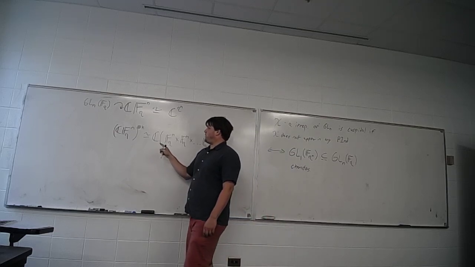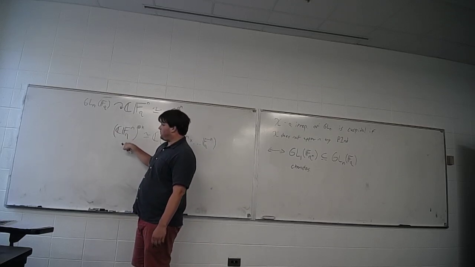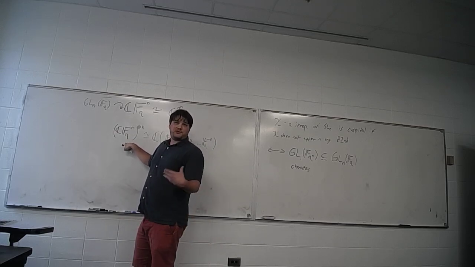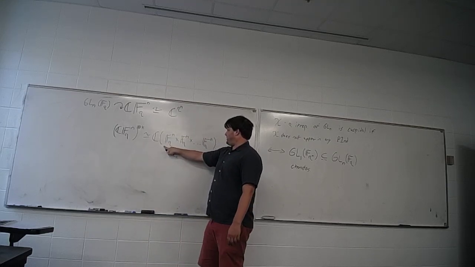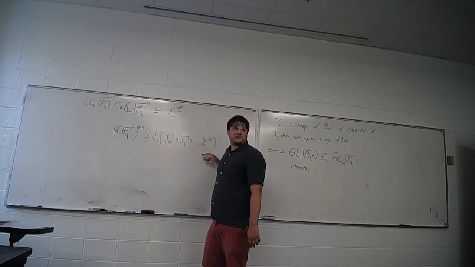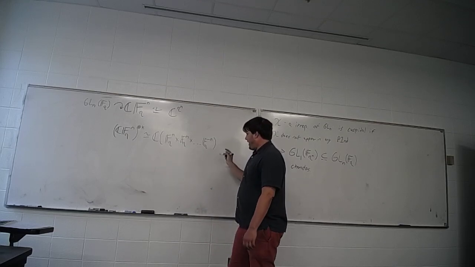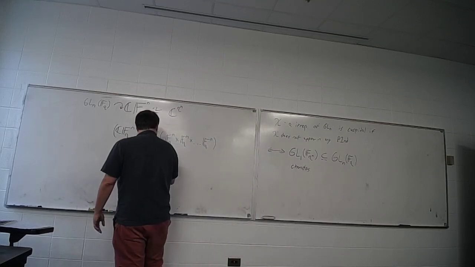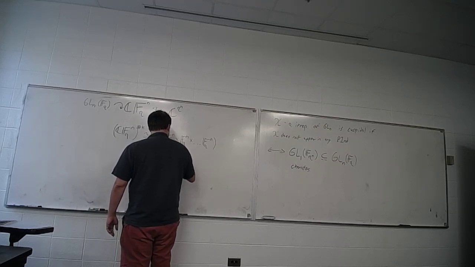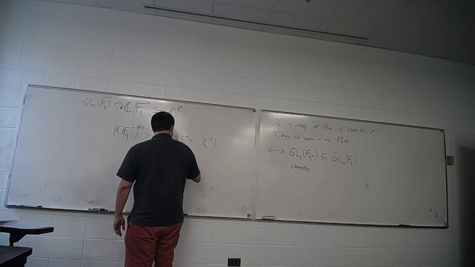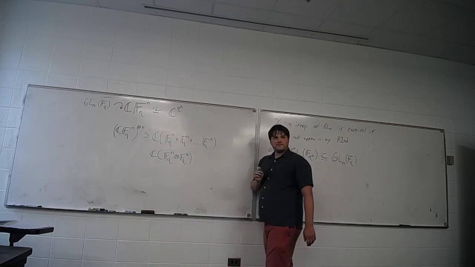Anytime you take a tensor product of two permutation representations, so linearizations of actions on finite sets, that corresponds to the linearization of the product of those sets. But this now is the same as C[F_q^n] tensor C[F_q^k].